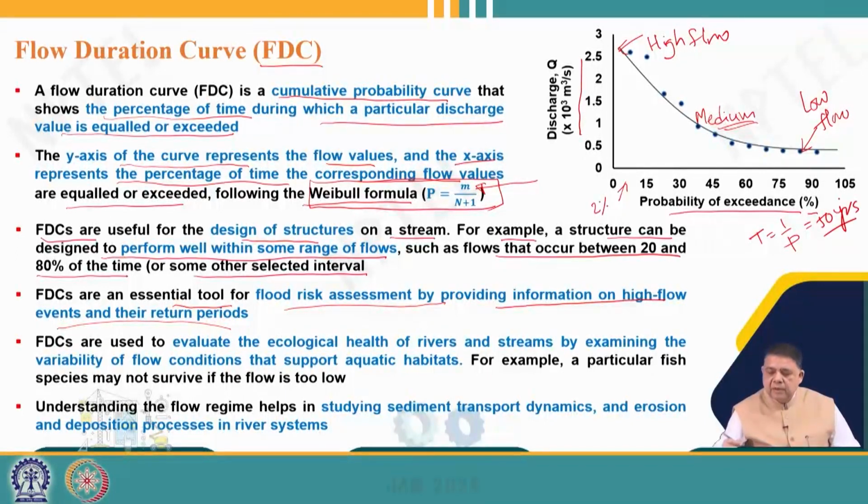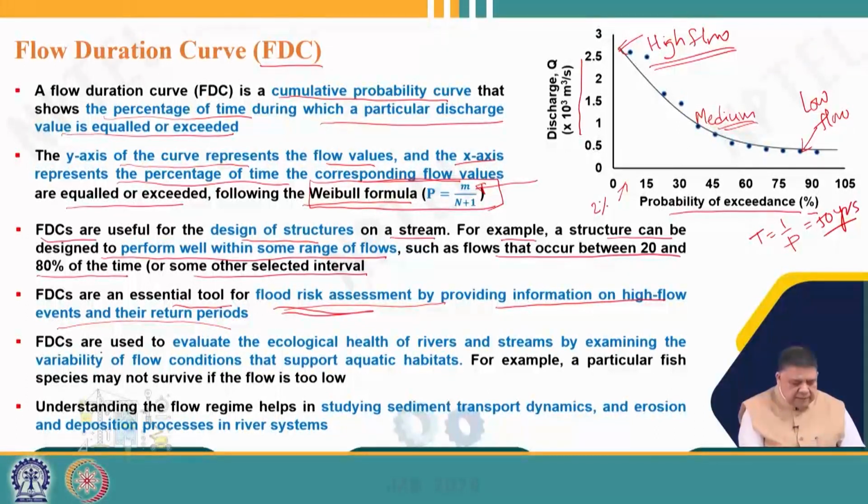From here we can find out the magnitude of flow at 2%, and of course, when we talk about flood, we are interested in the high flow. So, knowing that, we can find out the possibility of getting a particular magnitude, what will be the risk, and what will be its return period, and then accordingly preparedness could be taken care of.